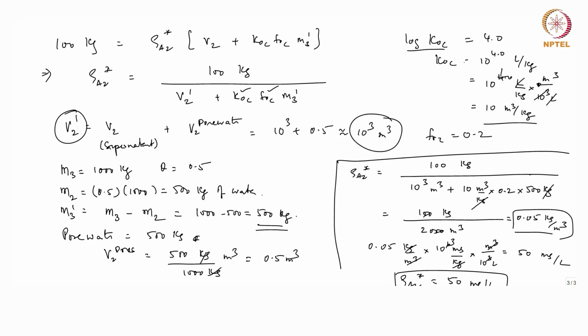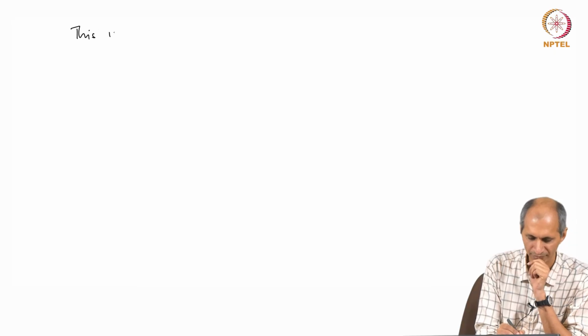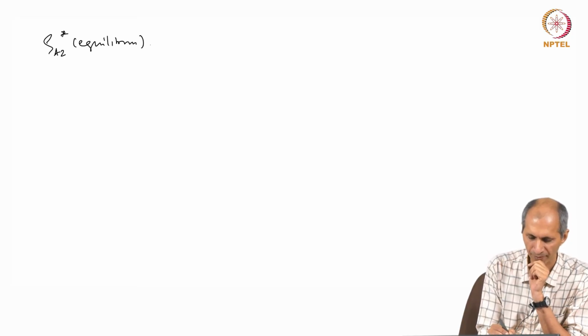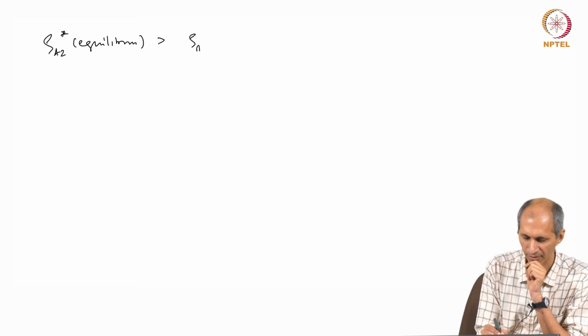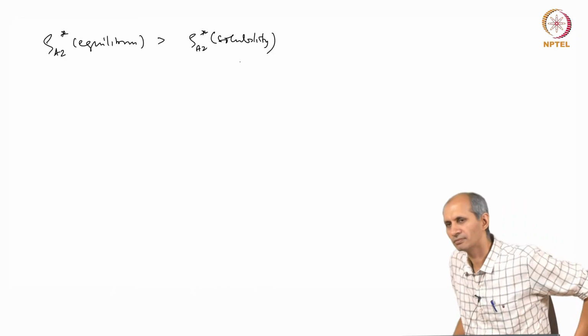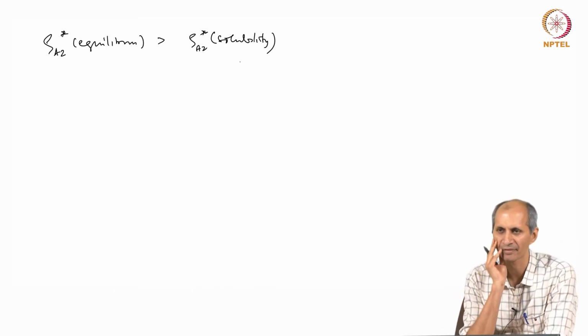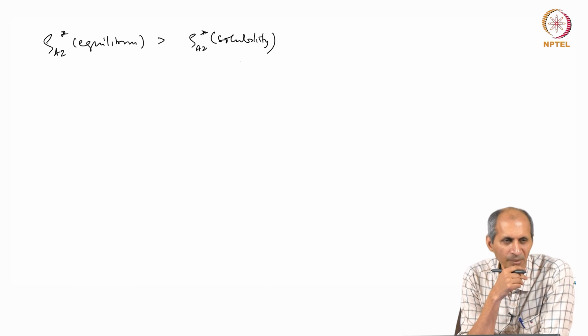Is it possible? Rho A2 star at equilibrium is greater than rho A2 star solubility. It is not possible. You cannot have concentrations greater than solubility. So, what is wrong? Where is the mistake?